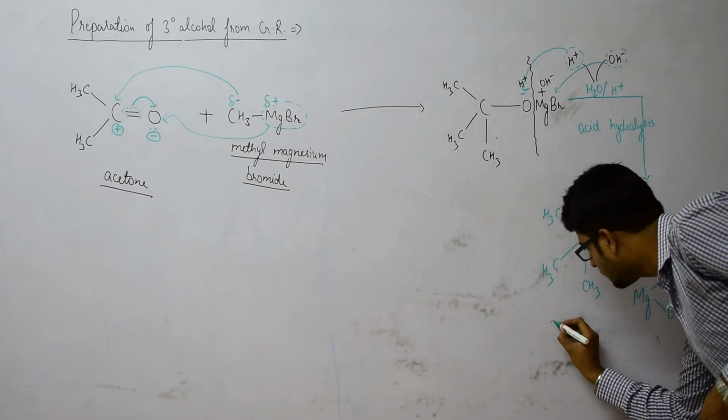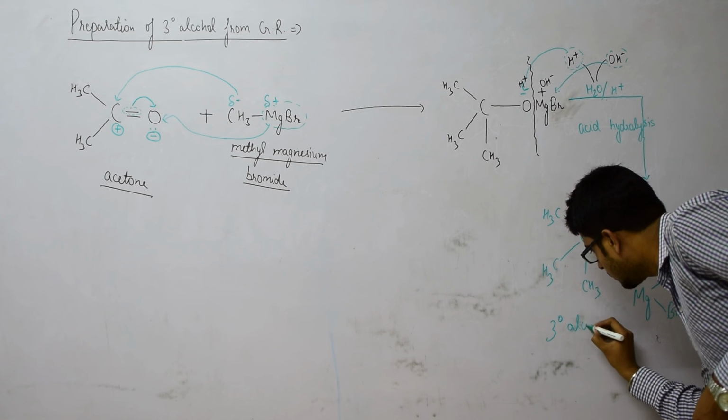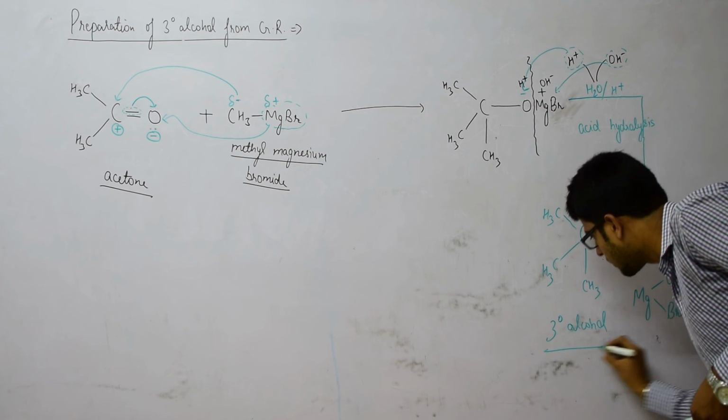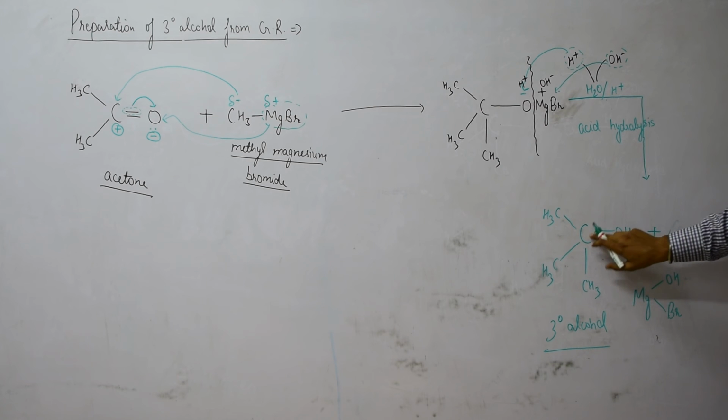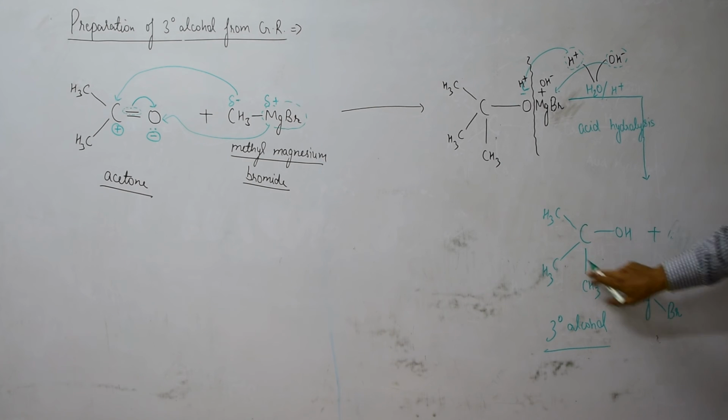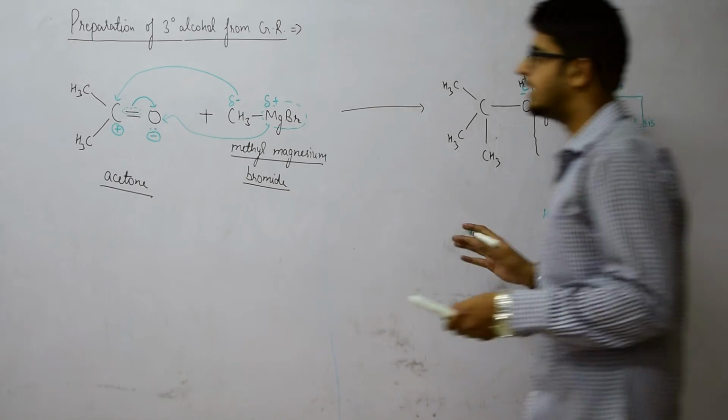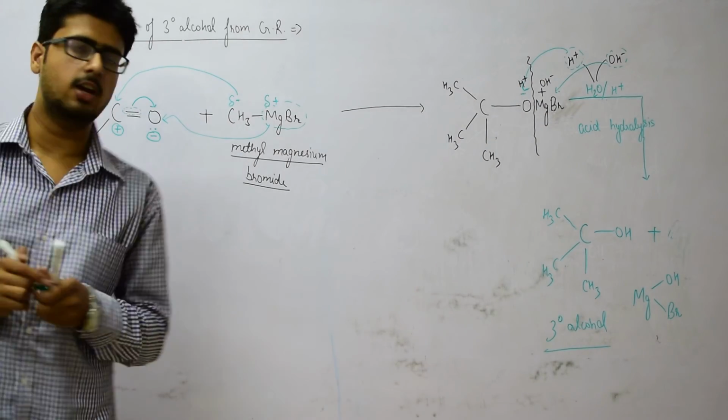This is our tertiary alcohol because the OH group is attached to this carbon atom, which is further linked to three carbon atoms. So this is our tertiary alcohol, and this was the entire process how we can prepare tertiary alcohol from Grignard reagent.